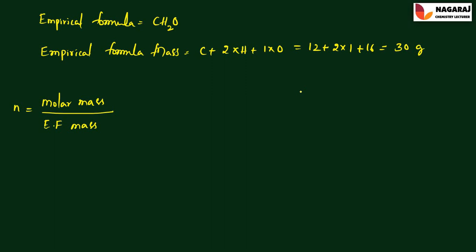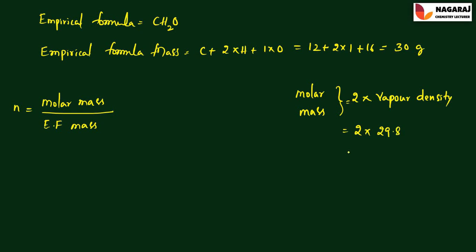Molar mass is always equal to 2 into vapor density. That is 2 into 29.8, the vapor density.